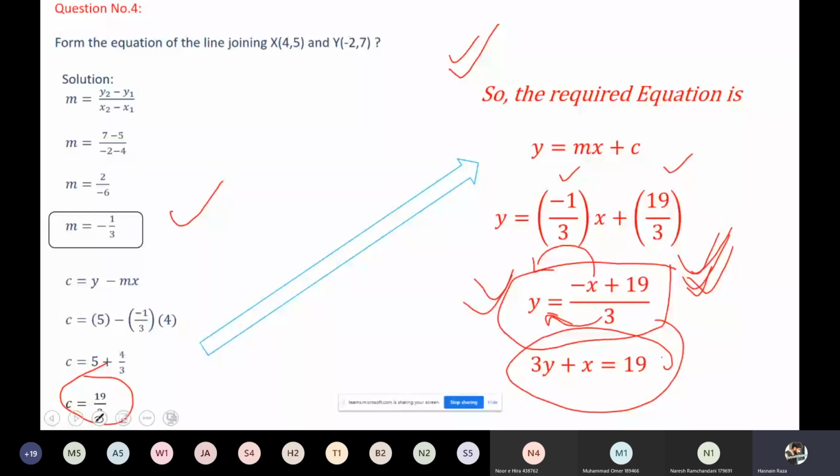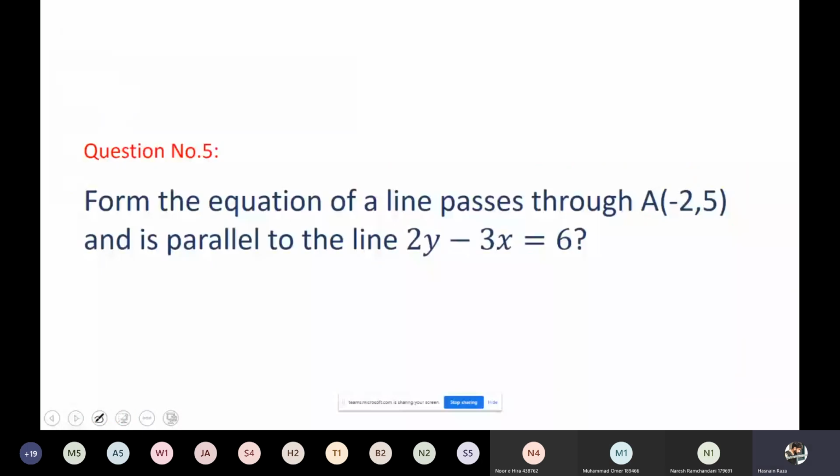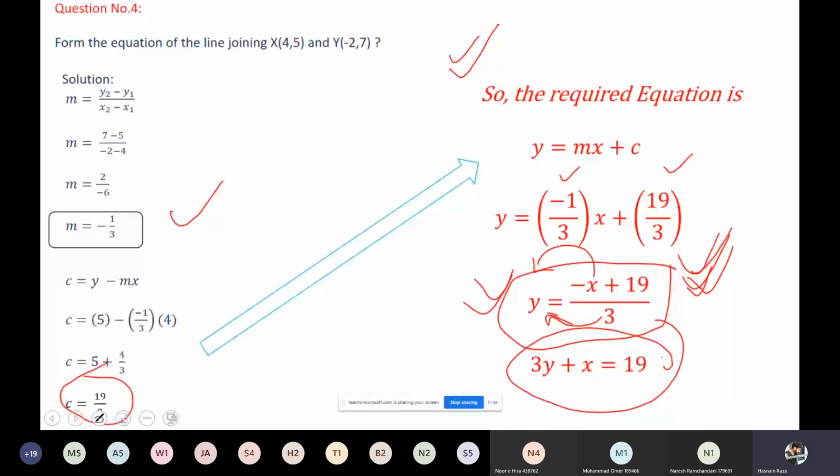Now, how many of you understood this question? We're having one last question that I think could not be explained. So I'm not explaining that question. I will not explain this question. I just want you people to solve this question. Acha, related to this question, if any of the students has any little query about this, please let me know.